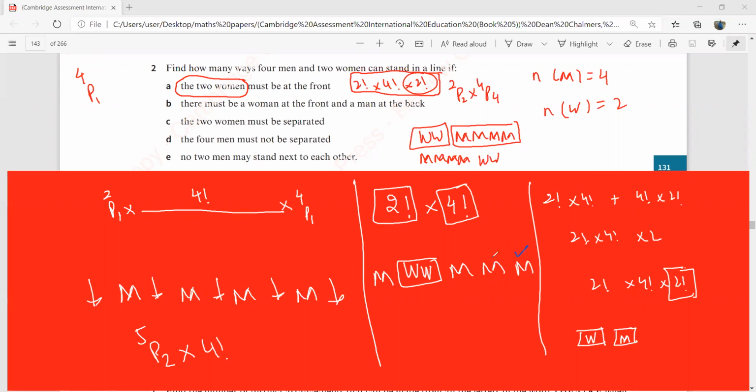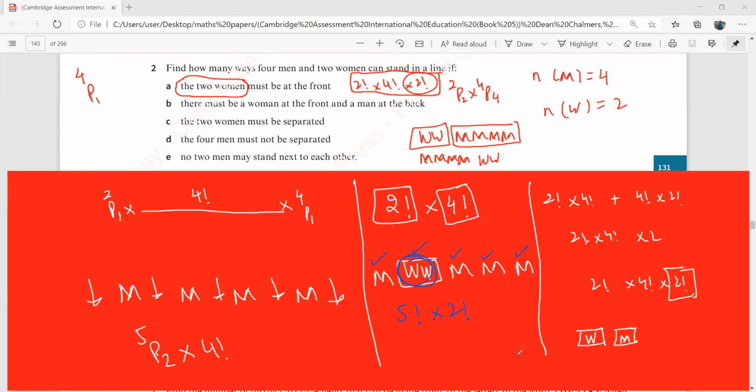We have 1, 2, 3, 4, 5. So this is going to be 5 factorial times 2 factorial for these two women to be in different order. So this is 5 factorial times 2 factorial, or you can also say 2 factorial times 5 factorial. Is that clear?